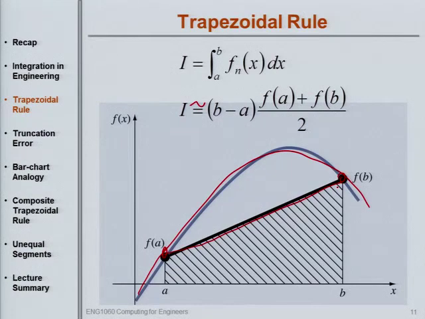I think you can see, just eyeballing it, there's all this region up here that's not included in the integral. So the further away from a straight line your function is, the worse this approximation is going to be. There are ways of getting around this, of course.